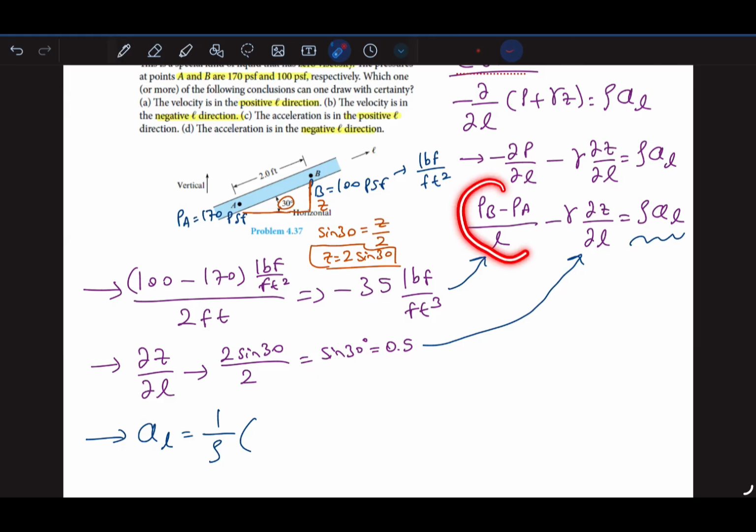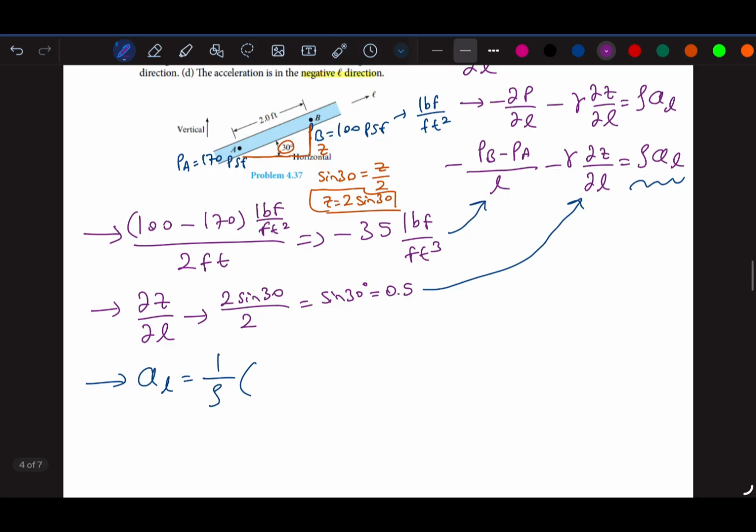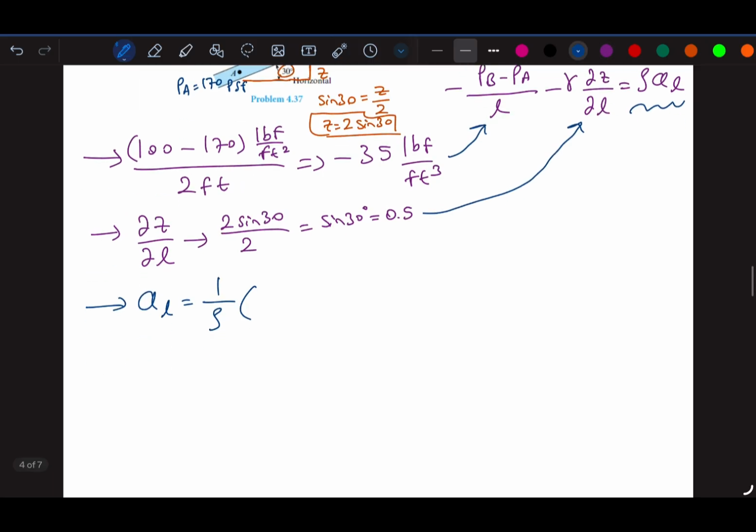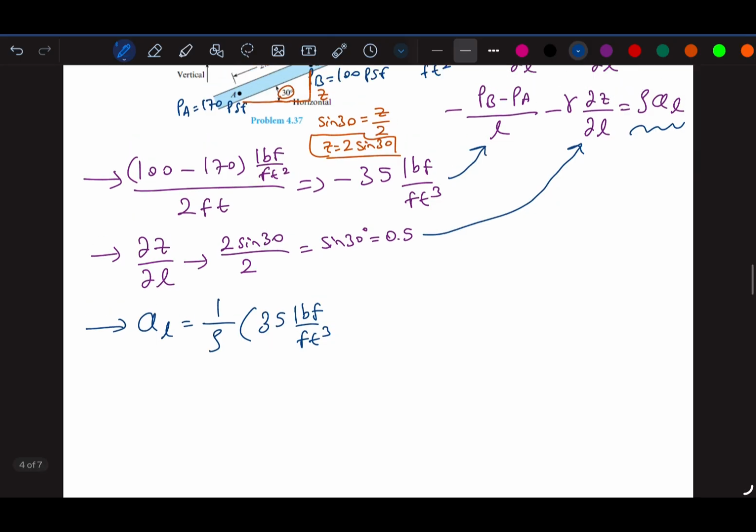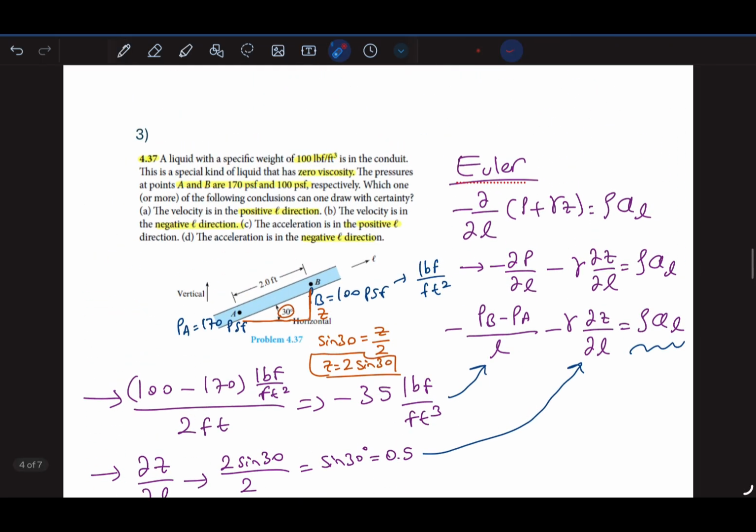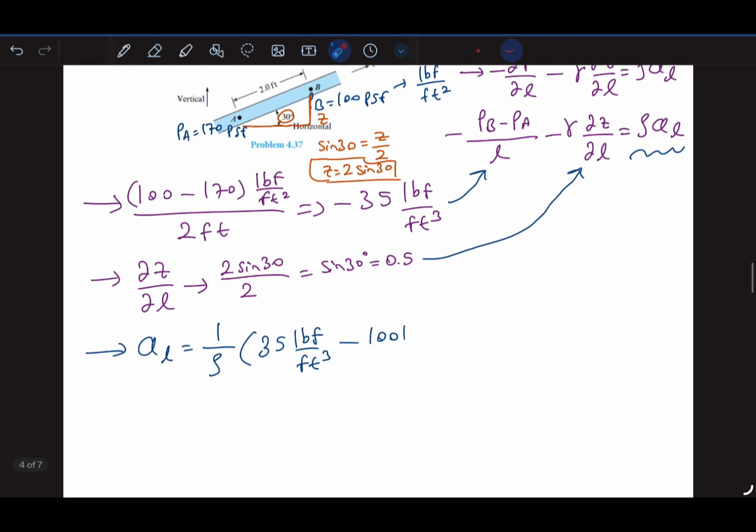We have actually minus sign here, negative sign here. So it is going to be positive 35. So let's say we have 35 plus, minus, we have 1 as the specific weight, times 0.5.